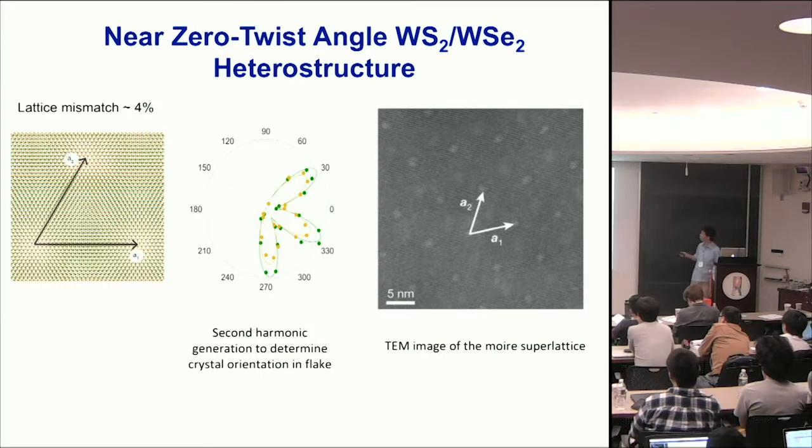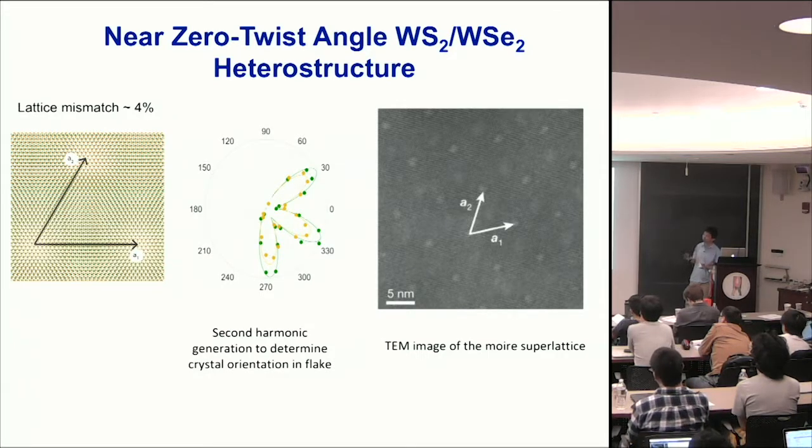But if you have different chalcogenide, the lattice mismatch is about 4%, and that's what we like, because we want to form a Moire superlattice that's determined purely by the lattice mismatch. So we don't need any twist angle. We can just set the twist angle to be 0 or very, very small, so it doesn't matter. So we always have a well-defined Moire superlattice.